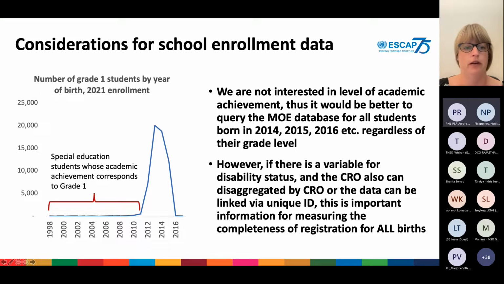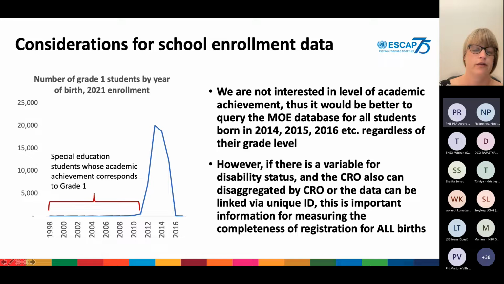So it just depends on the database and what they collect and what they can and can't do. But it's worth thinking about: if you query by those born in 2016, you might get a range of academic achievement, but you're not really interested in academic achievement per se. You really want to just get an estimate of births.